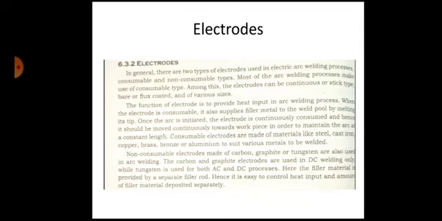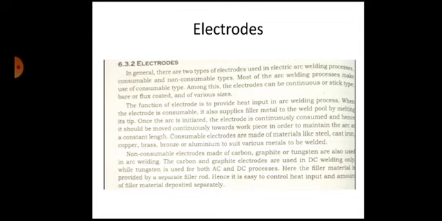The function of electrode is to provide heat input in arc welding process. When the electrode is consumable, it also supplies filler metal to the weld pool by melting its tip. Once the arc is initiated, the electrode is continuously consumed and hence it should be moved continuously towards the workpiece in order to maintain the arc at a constant length.